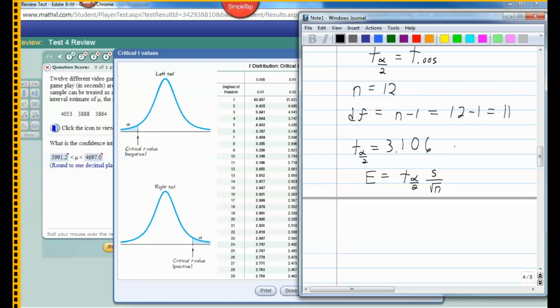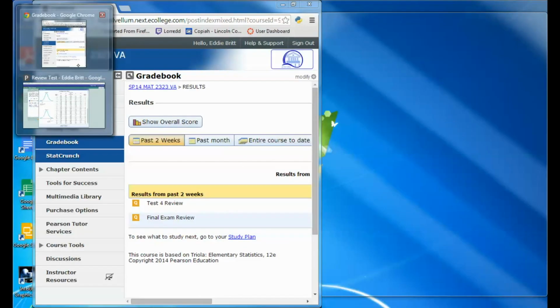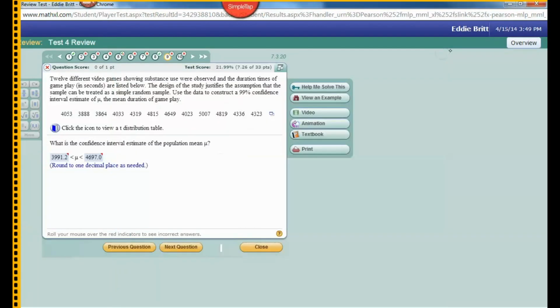So we have n is 12, and we have the critical t-score. We just need to find the sample standard deviation. Instead of taking a long time to do that by hand, I'm going to just use a calculator and plug these values in.